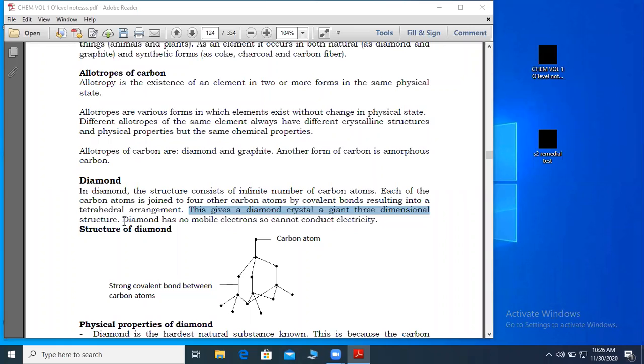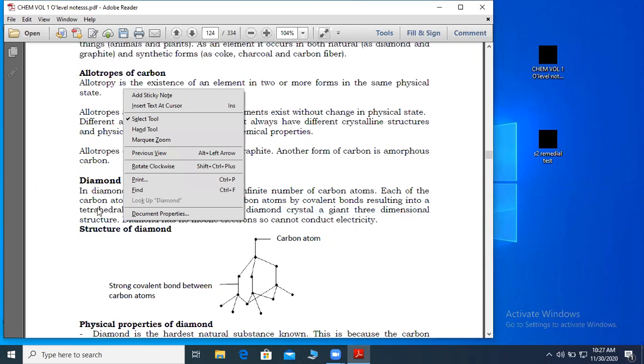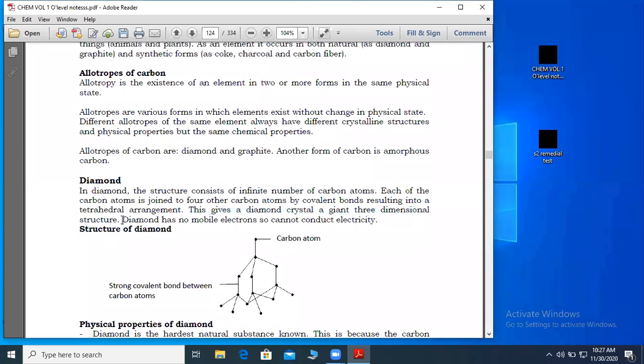Then the most important statement is the last one. Diamond has no mobile electrons, so it cannot conduct electricity. We have said carbon has a valence of 4, with 4 electrons in the outermost shell.